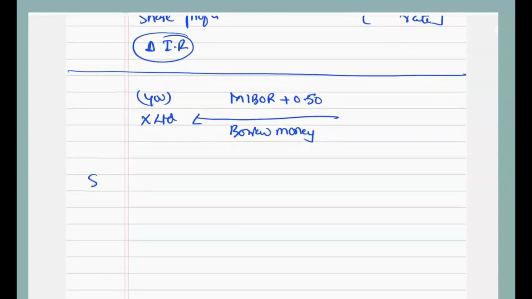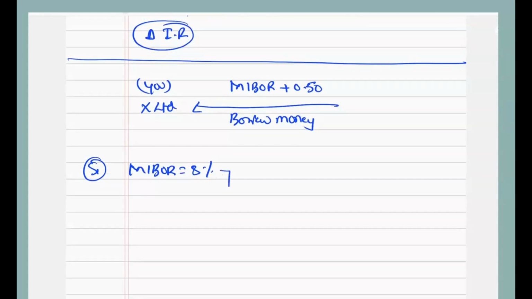So we come to the same situation. Suppose we have MIBOR at 8%, right? And suppose after a few months or few weeks, you find that the interest rate is going up to 10%. You borrowed the money thinking that you'd be paying interest at only 8%, but you find that you have to pay 10%, that is an extra 2%, which is a loss.